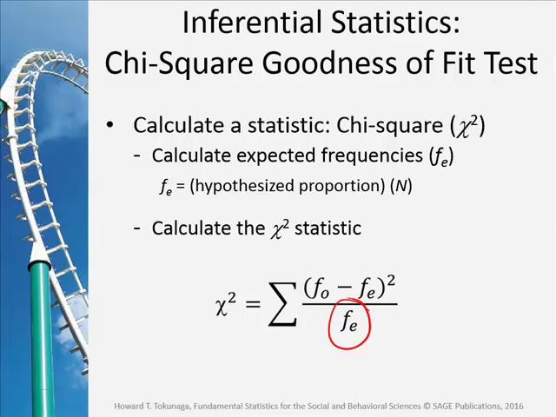Chi raised to the second power, chi squared, is equal to the sum of frequency observed minus frequency expected squared, divided by frequency expected. This is the simple way to notate this, to tell us what we're doing here.